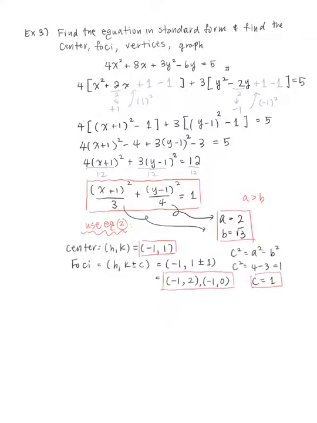The vertices, is it h comma k plus or minus a? So this is going to be negative 1 comma 1 plus or minus, what's a? 2. So it looks like we're going to have negative 1 comma 3 and negative 1 comma negative 1.